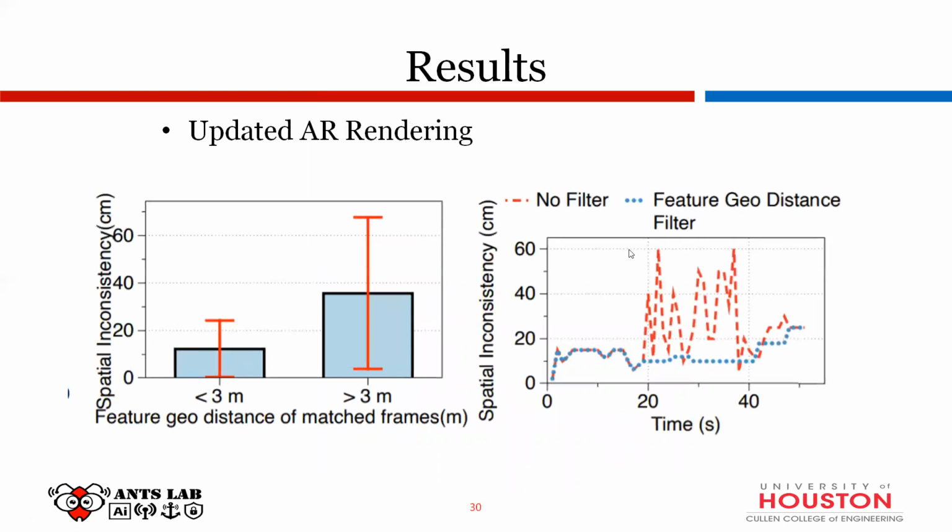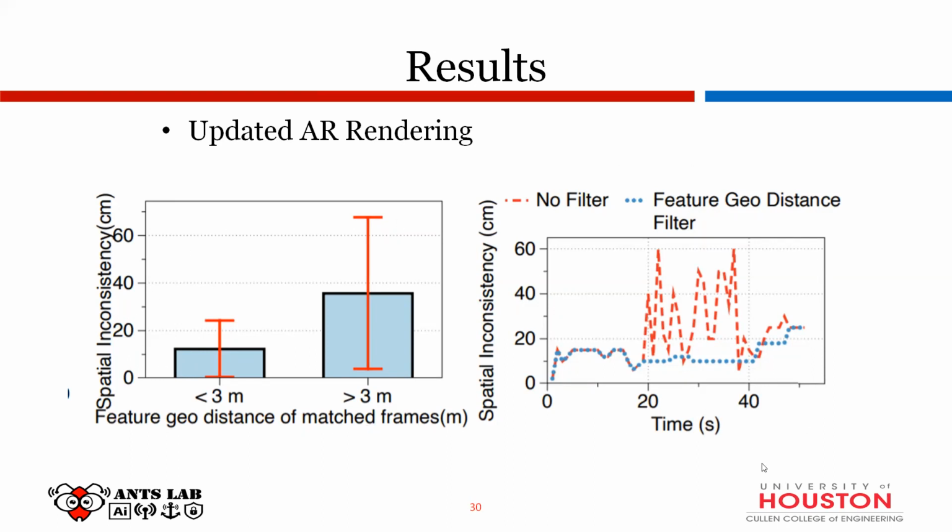The next one is the updated AR rendering. Here we talked about the feature geodistance of matched frames. If we set the frames to be higher, over 3 meters, then the spatial inconsistency will grow.